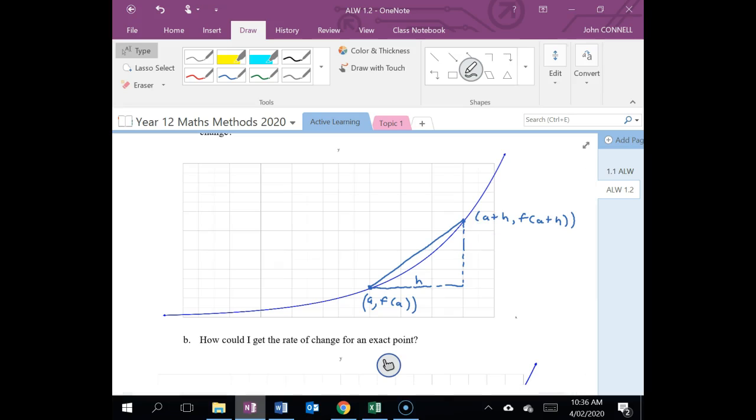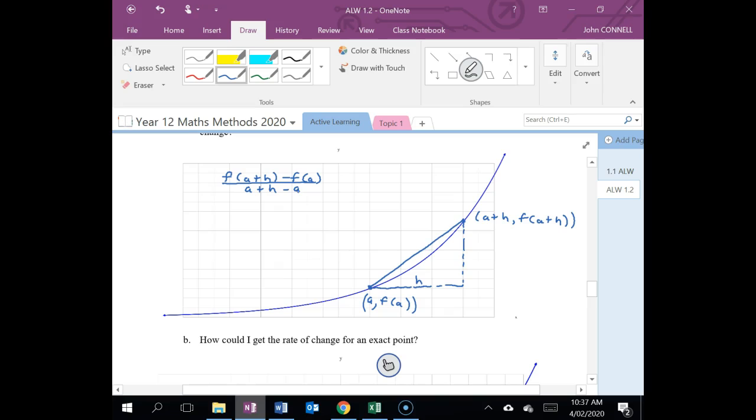How can I find the slope of that line? What would it be? Yep, f of a plus h minus f of a over a plus h minus a. So remember that slope is just rise over run.